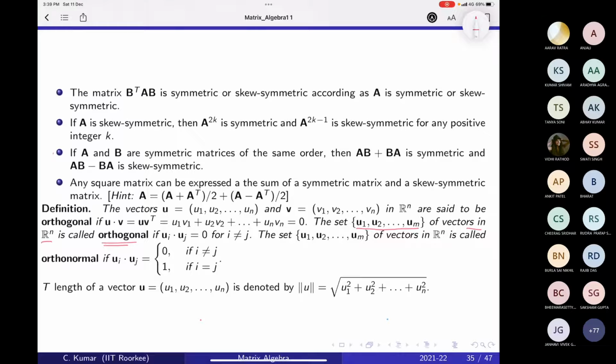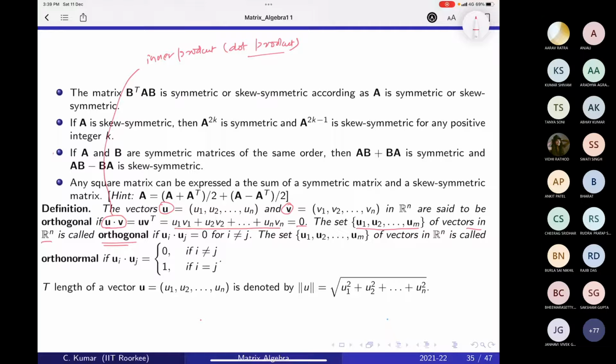Earlier we had two vectors u and v, and we said that two vectors are orthogonal if the inner product, also known as the dot product, is 0. So we first defined the orthogonality of two vectors.